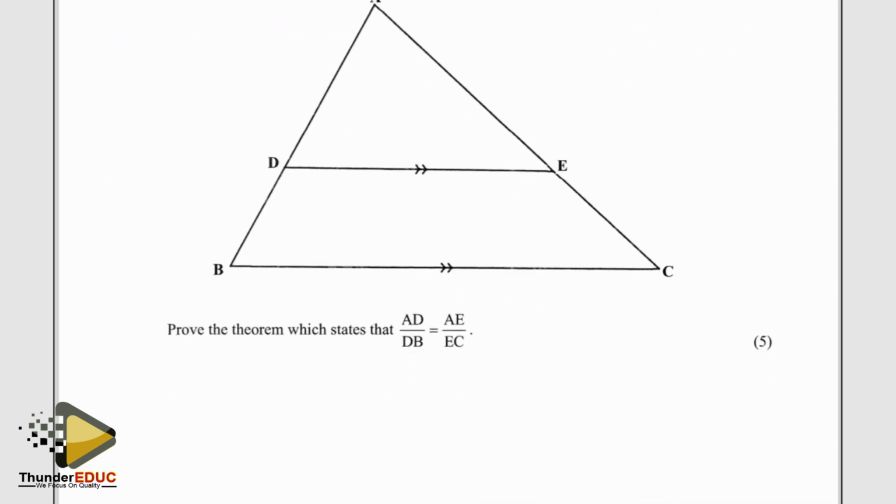Okay, so that is question number 9. Number 10. Question number 10. They want us to prove the proportionality theorem with similar triangles. Since we've already been given that the lines are parallel, I'll start by saying that B is the same as ADE. Those are corresponding angles because DE is parallel to BC.